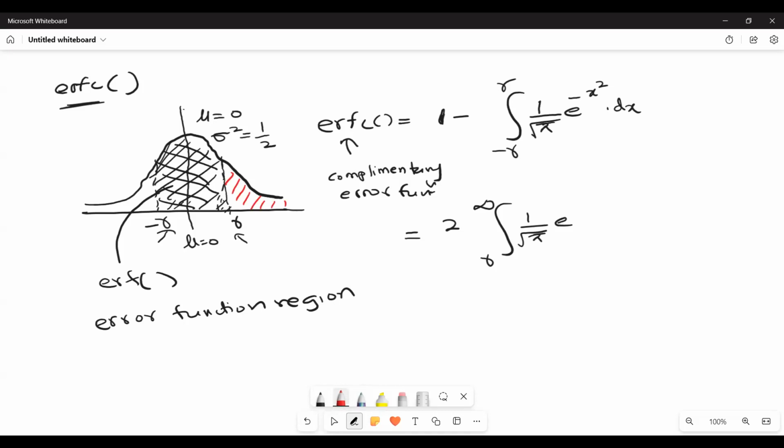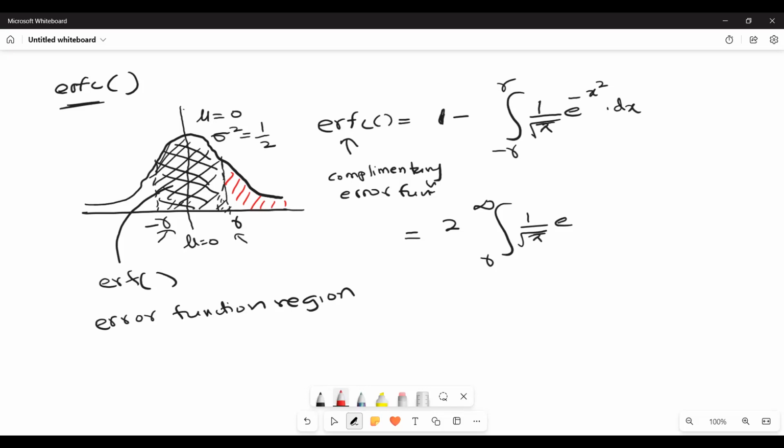So what is the practicality of this error function? The real thing is that we are trying to find the integration under this distribution function, and the integration gives the probability of a certain event occurring.